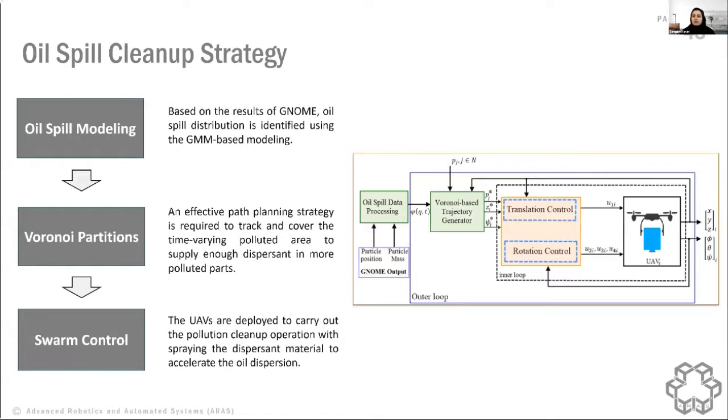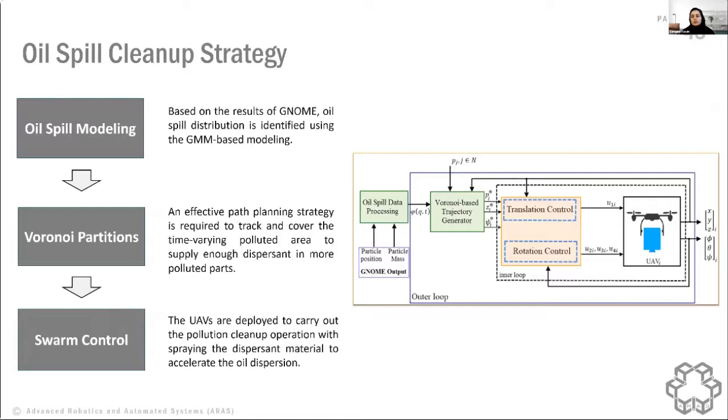And the control strategy we develop is distributed. At the outer loop, there is a Voronoi-based trajectory generator, and this trajectory generator determines the new position for the UAV at each time step.